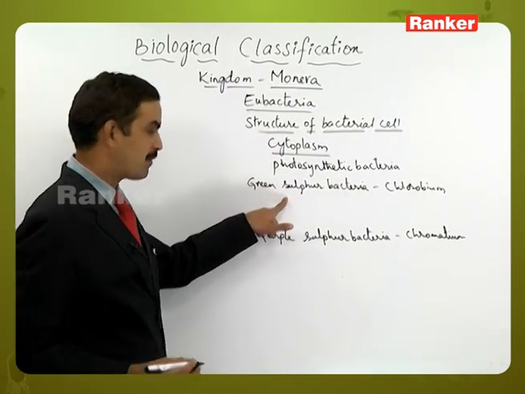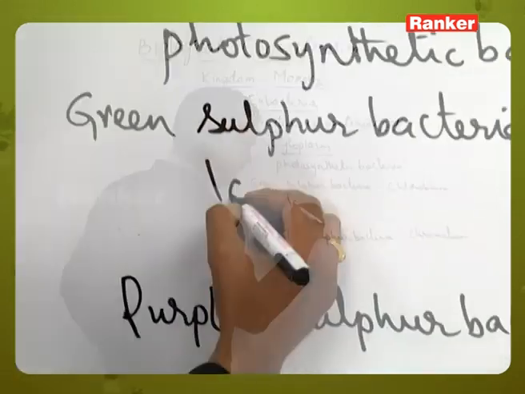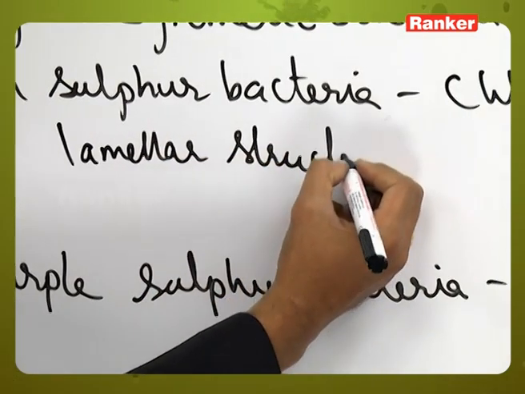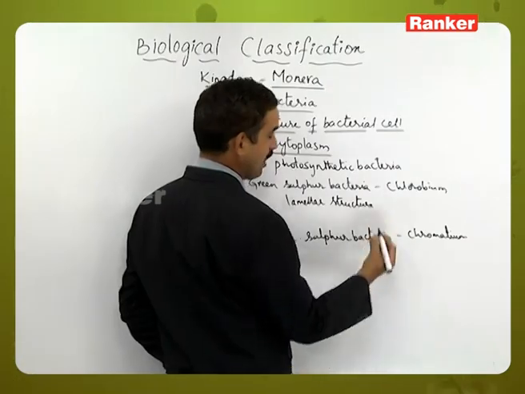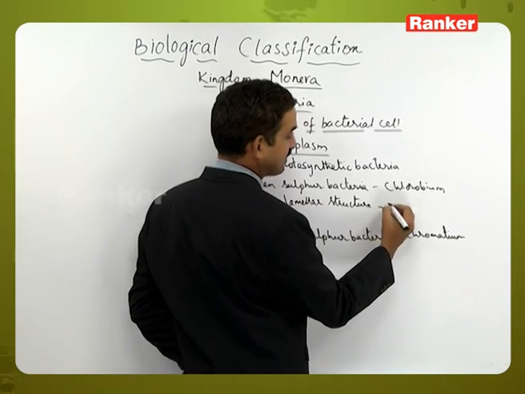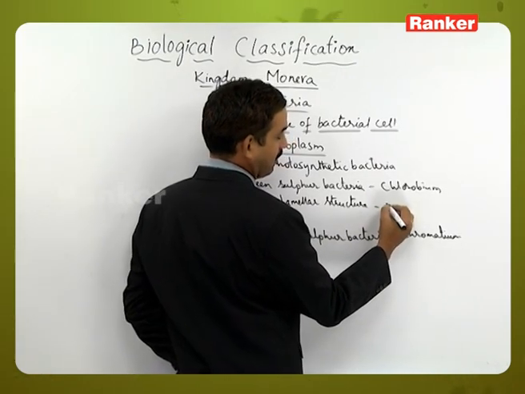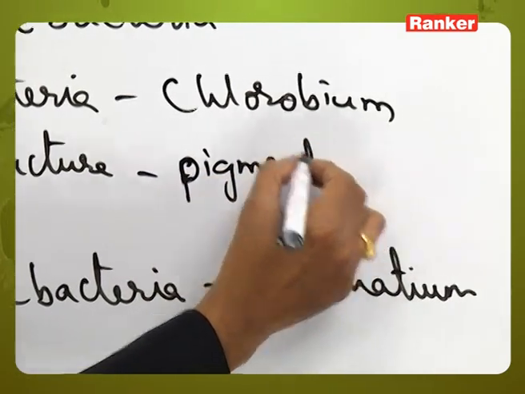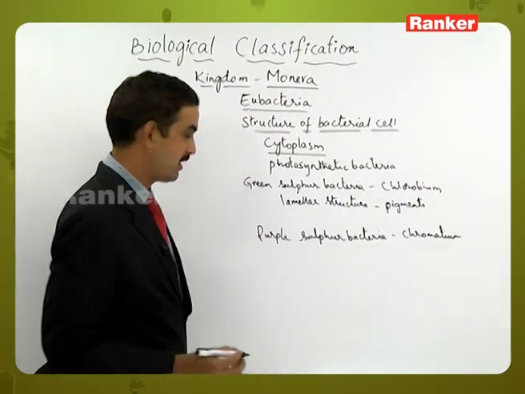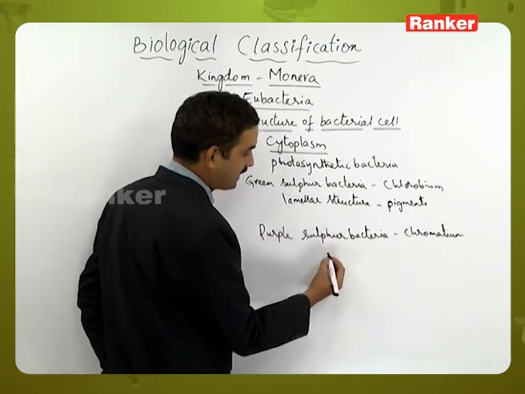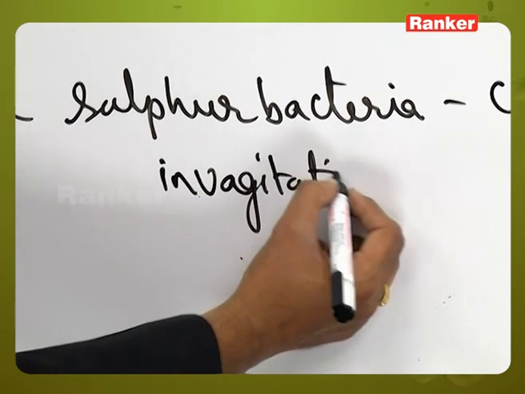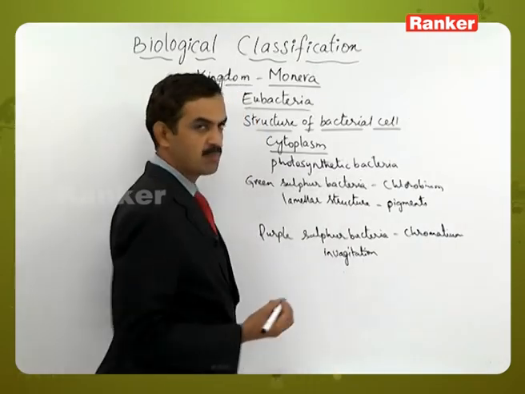Here the green sulfur bacteria contain lamellar structures below the cell wall. These lamellar structures contain the pigments which are responsible for photosynthesis, whereas the purple sulfur bacteria contain invaginations from the plasma membrane.